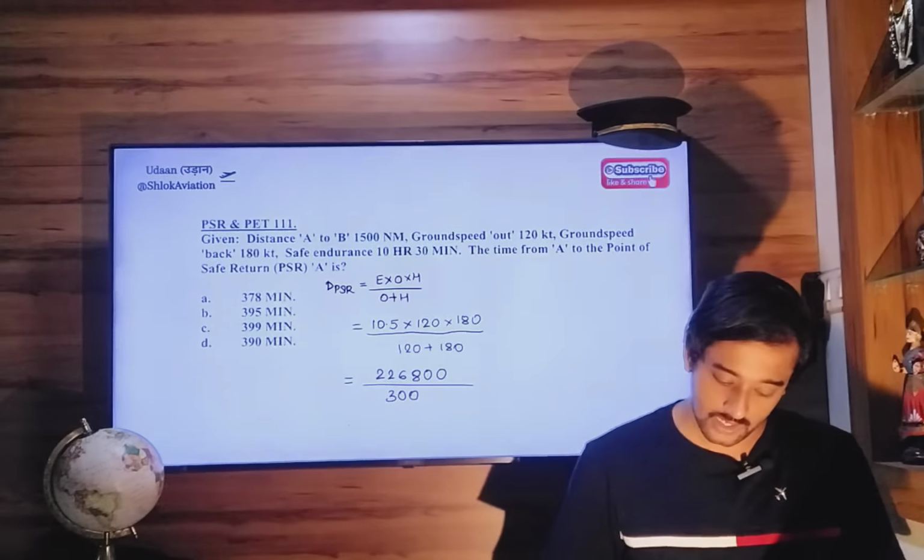Distance to point of safe return divided by 700 equals to 1714. Okay, 1714 nautical miles. So option Bravo is the right answer.